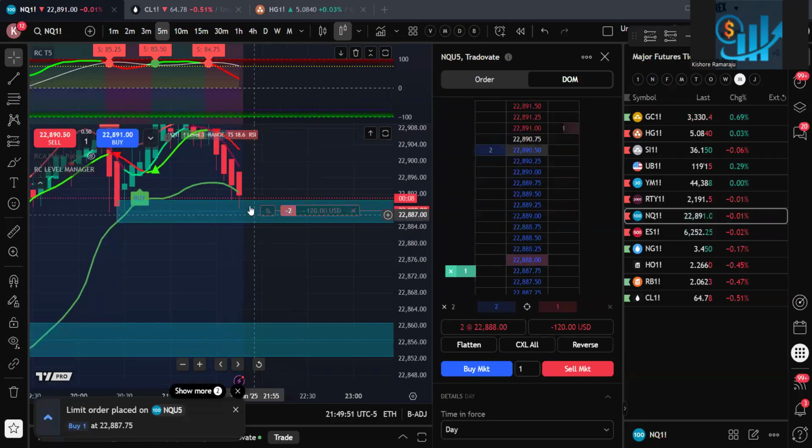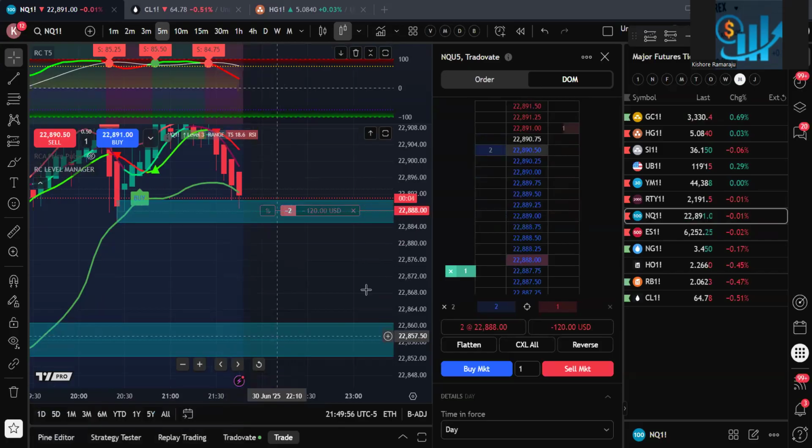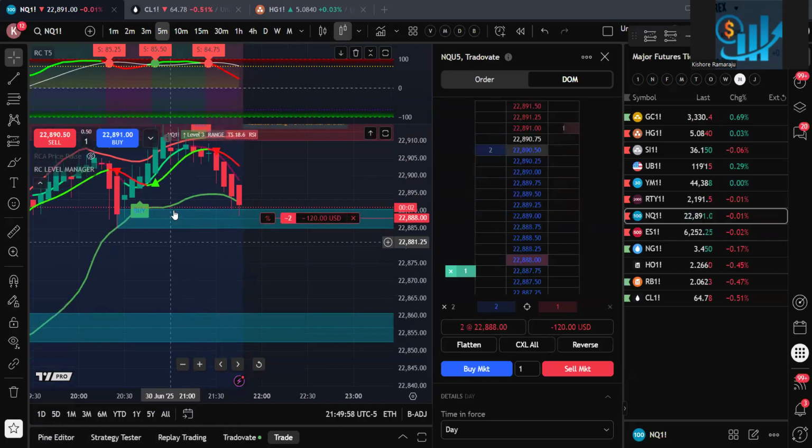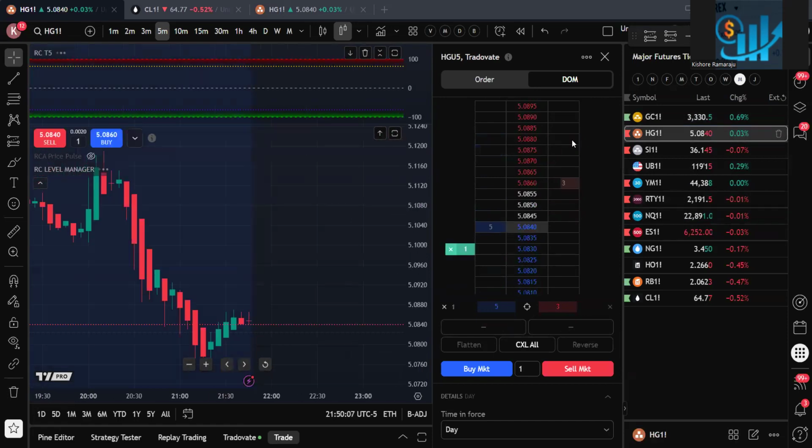And NQ, if it breaks this support, it can go all the way to 856, but it seems to be becoming too late. I will just close with a minor profit. We took profits on GC long.